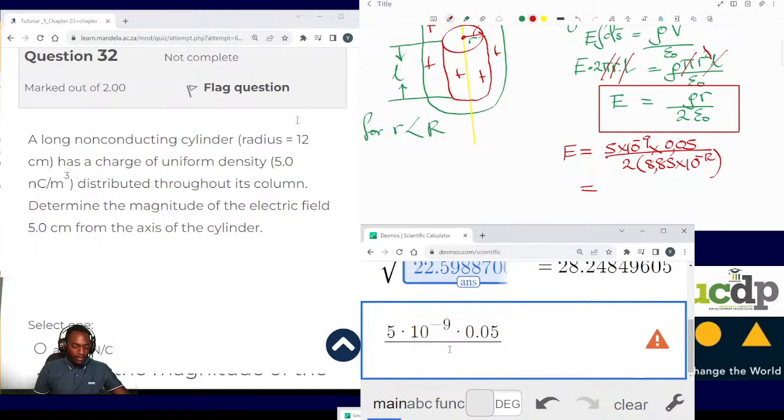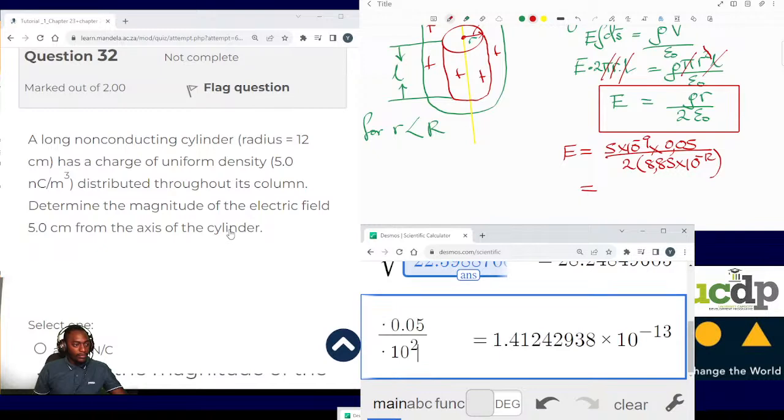Oh, I see some have already calculated the answer. Avril is getting 14.2. Anyone else getting 14.2? 14.12? Negative 12.